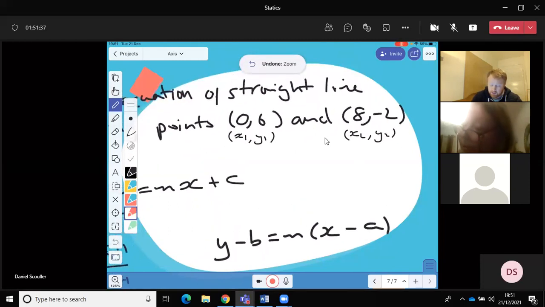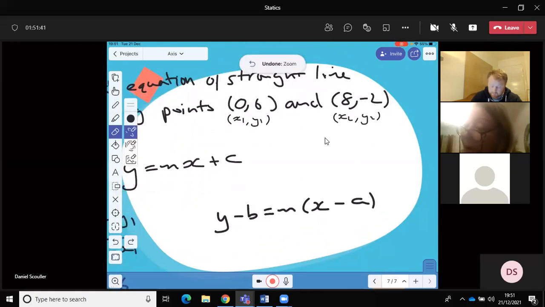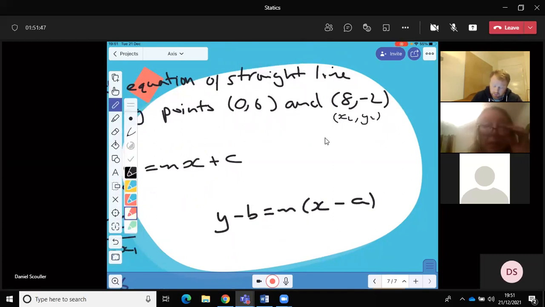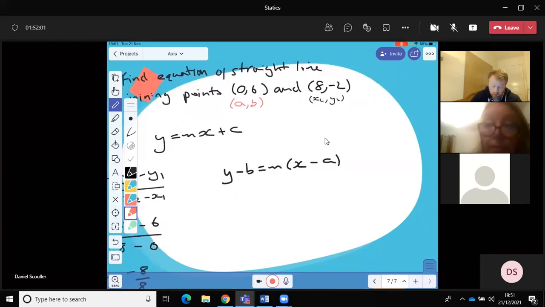Easiest one for us would just be picking this one. So for this formula, the a and b, it's just a case of substituting them in.